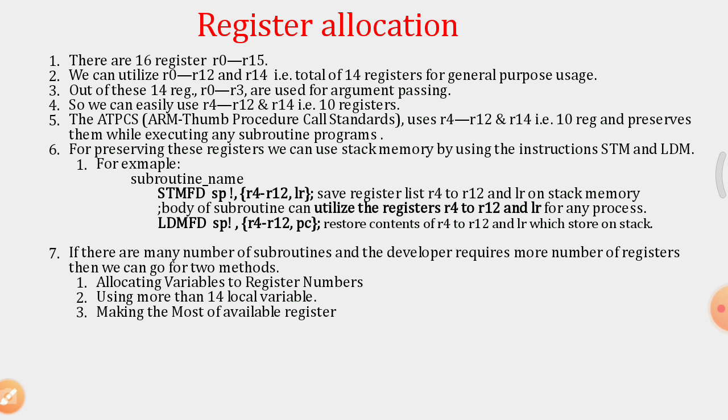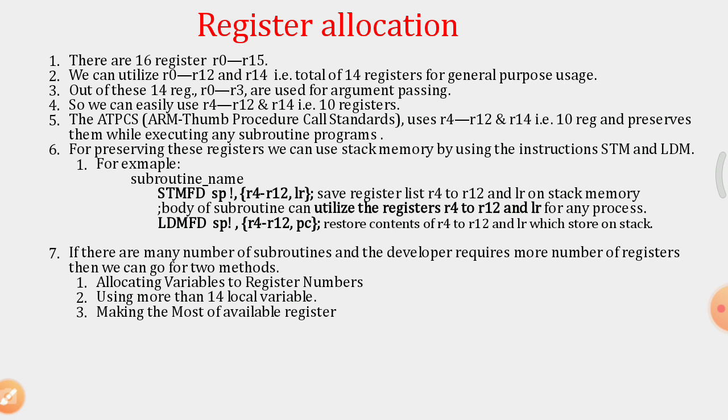Now, if there are many subroutines and the developer requires more registers, then we can go for three methods. One is allocating variables to register numbers.